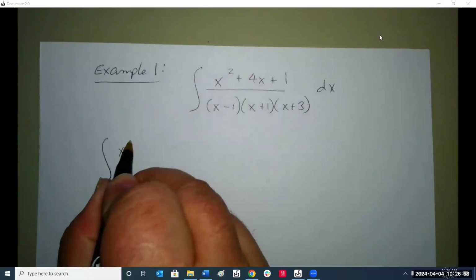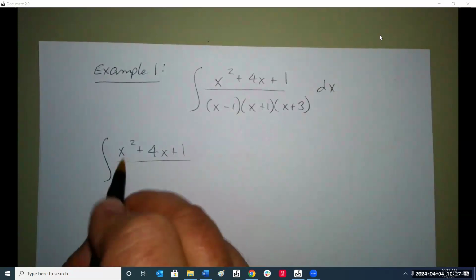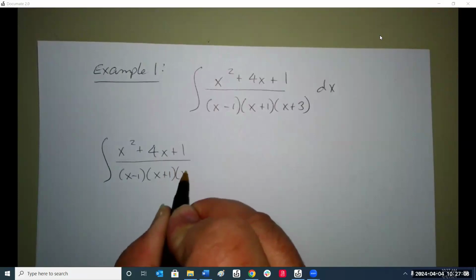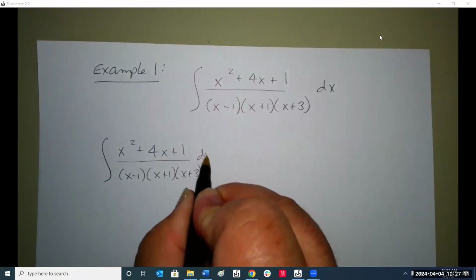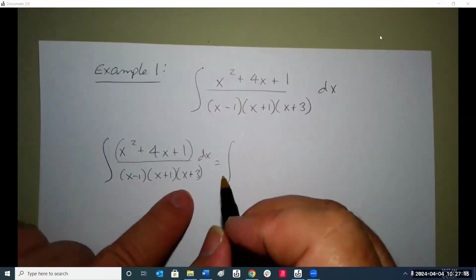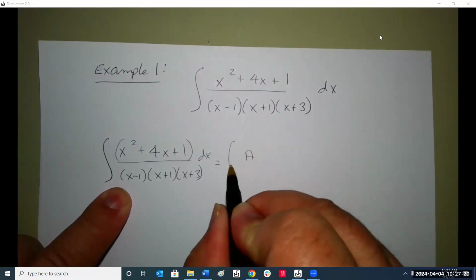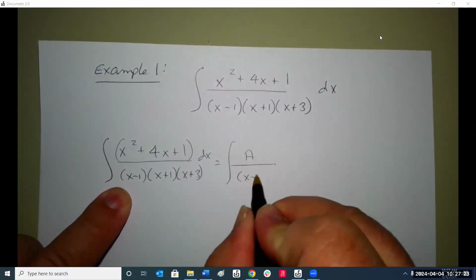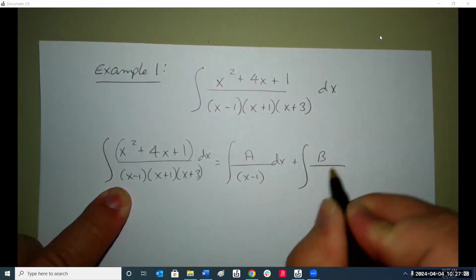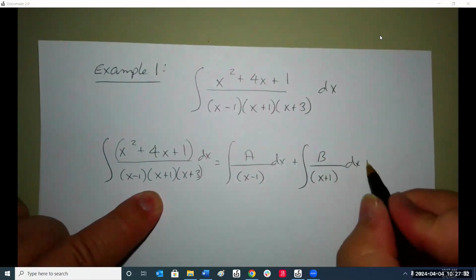We have x squared plus 4x plus 1 over x minus 1, x plus 1, x plus 3 dx. Since we have three distinct linear factors, we're going to have three integrals.